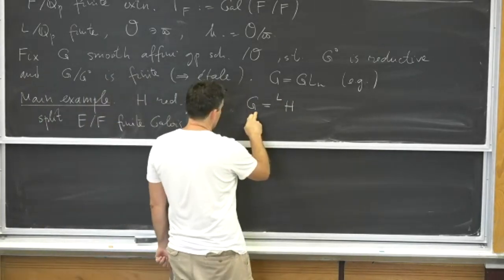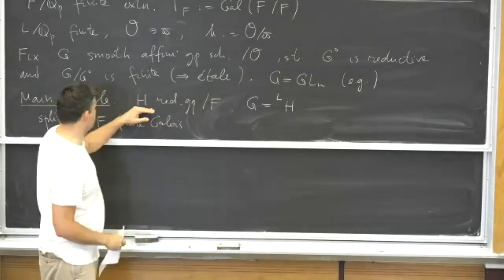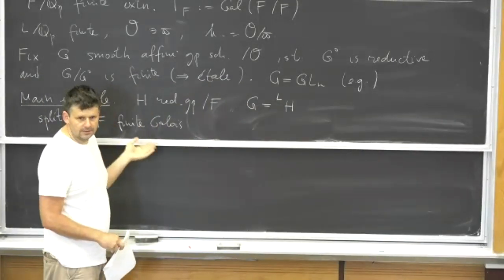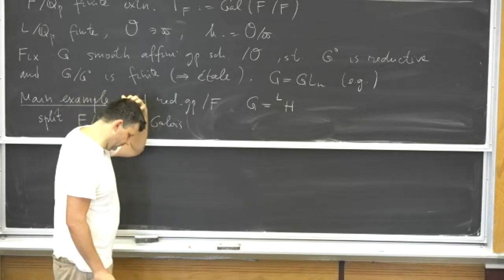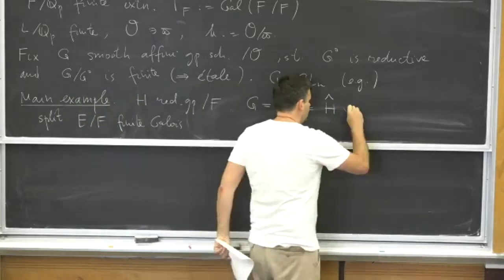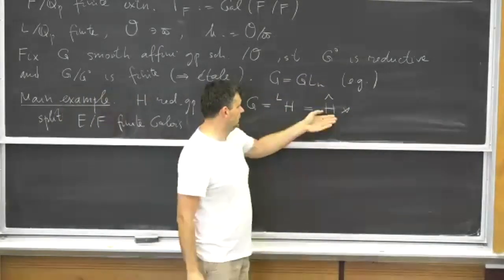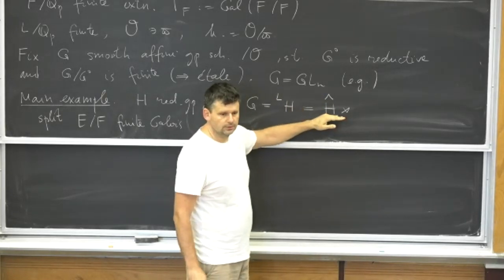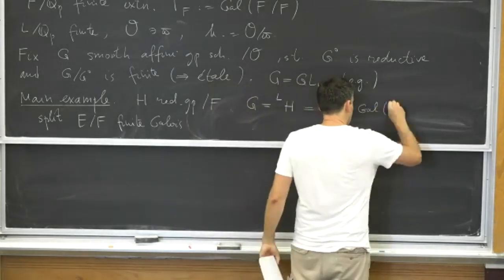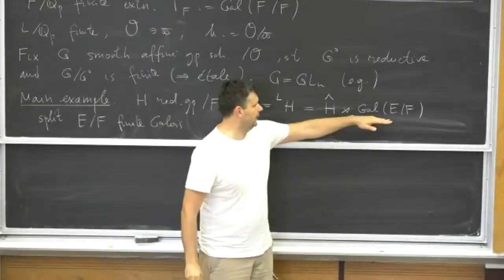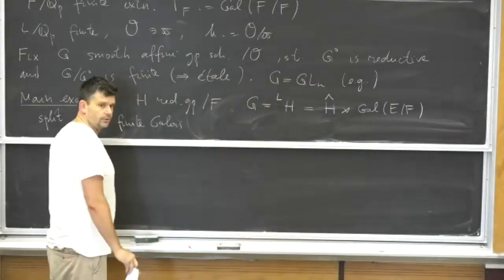Then you can associate to H an L group in the Langlands program, and typically this will be constructed over complex numbers, Q_l or R. But the construction is somehow out of the root data, and once you have this root data information, you can do this over any scheme basically. So you can do this also over O. And the component group will be Gal(E/F). So this will be a constant group scheme, and this will be my G model.